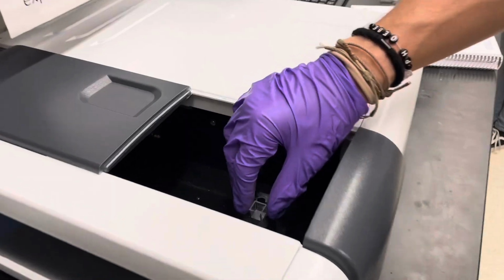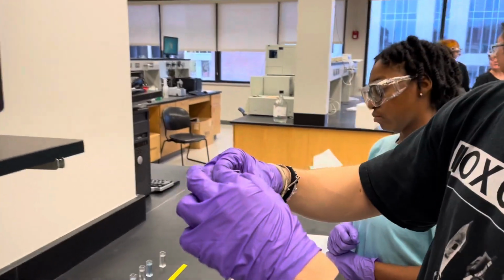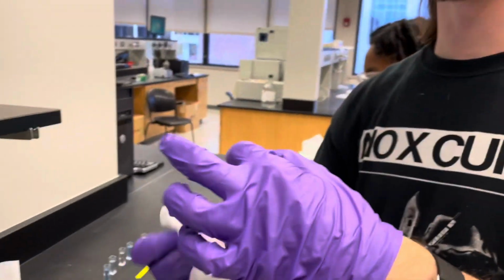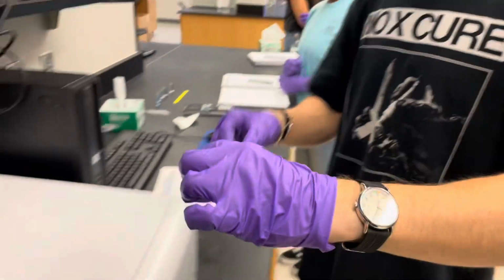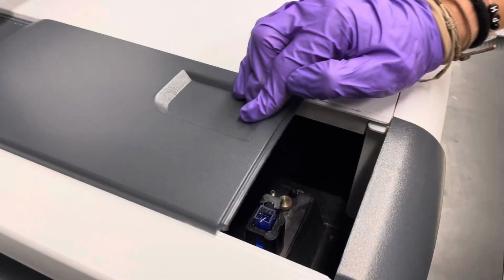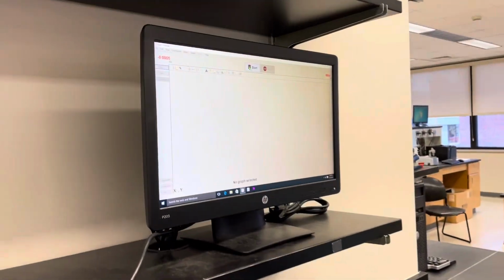But now we need to also find the lambda max of our stock solution. Take out our water, take our stock solution that we made, and we're going to do the exact same thing. We're going to wipe it down, make it nice and clean. Come over here to the spec. Come back to the computer, but instead of pressing 0 this time, we're going to press start.